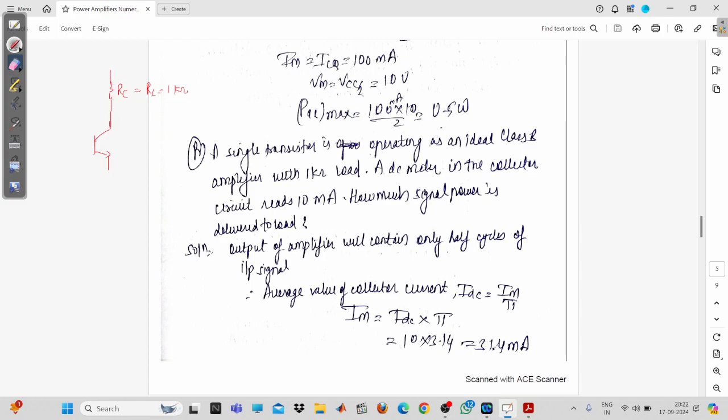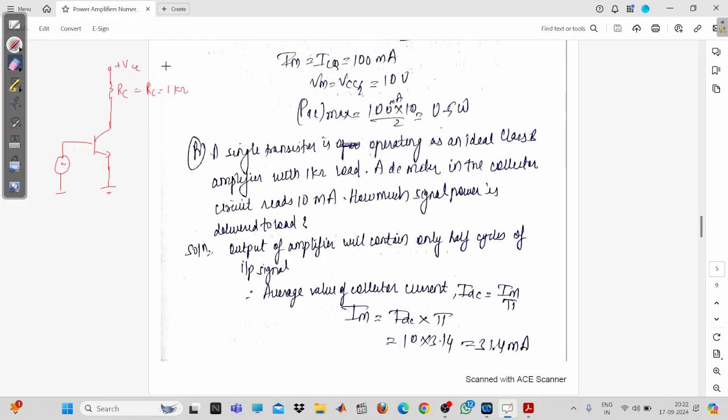This is connected to the biasing voltage, and we connect the emitter to the ground. This is the input signal which you want to amplify, but due to the class B single-ended amplifier, we will be able to amplify only one half of it.